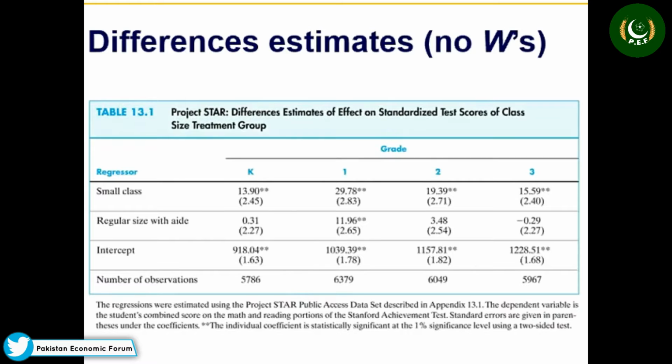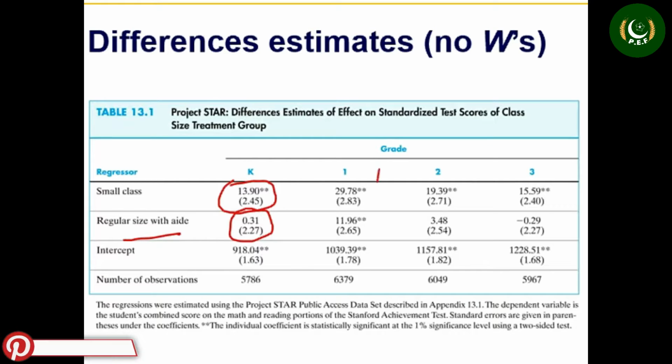So what are now the results? We have calculated the differences estimators. On average, kindergarten students in small classes scored 13 to 14 points more than regular class, and regular class with aide at KG level has not much improvement as compared to regular class.